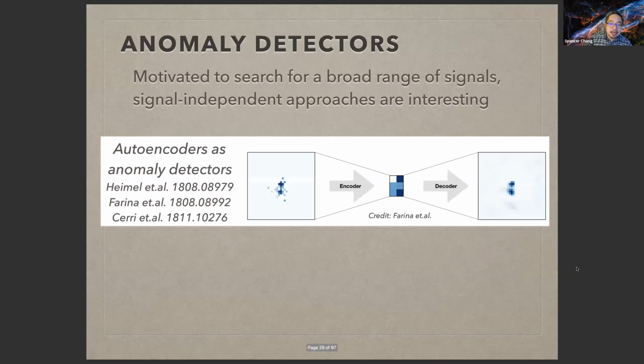In high energy physics, one of the most popular ways of doing anomaly detection is based on jet images. There are three groups: one in Heidelberg with Tilman Plehn, Rutgers with David Shih, and a Caltech one with Maria Spiropulu.